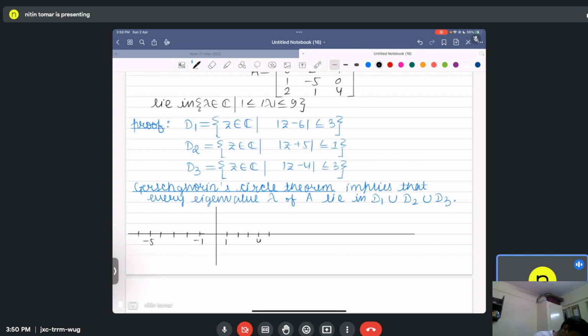If you draw, the first disk has radius 3 with center 6, so it will go till here.